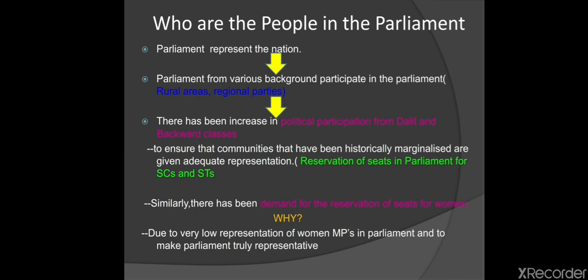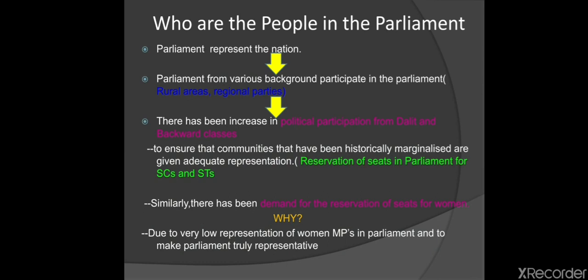People from various backgrounds participate in the parliament, either from rural areas or regional parties. And there has been an increase in political participation from Dalit and backward classes.